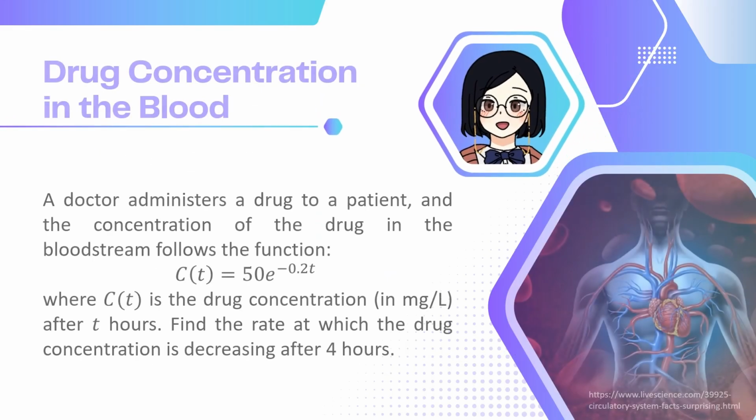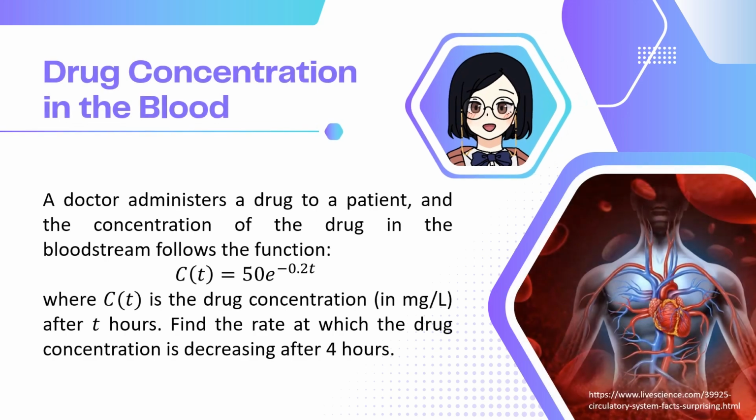Suppose a patient is given a drug and its concentration in the bloodstream follows the equation C(t) = 50e^(-0.2t), where C(t) represents the drug concentration in milligrams per liter after t hours.